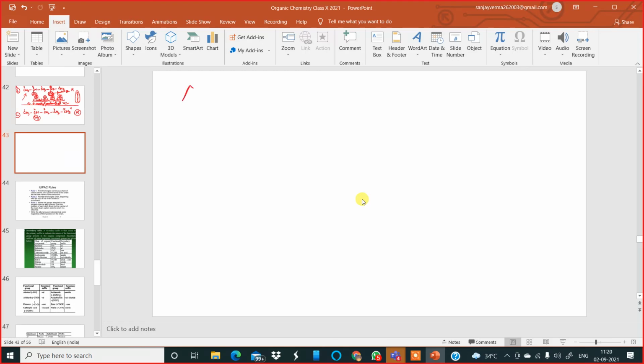If there is an alcohol in an organic compound, then you will see that groups like this, OH, are present. And when such groups are present, then in the secondary suffix you have to write OL. So these are the functional groups. First one.